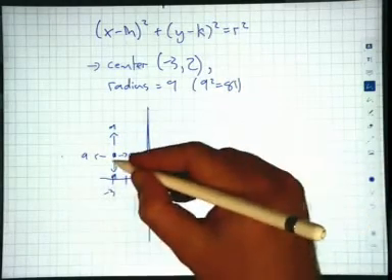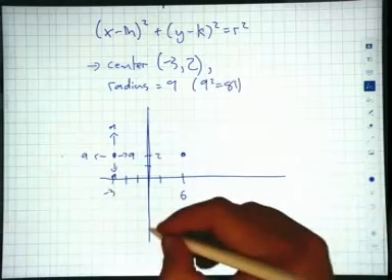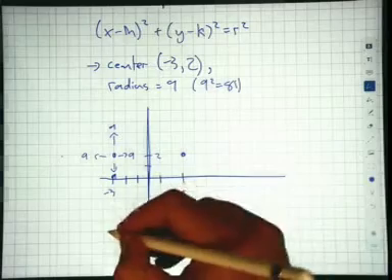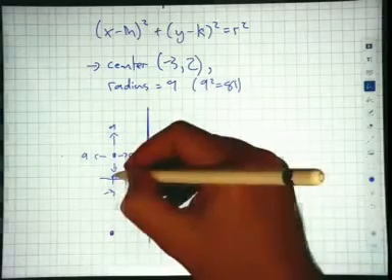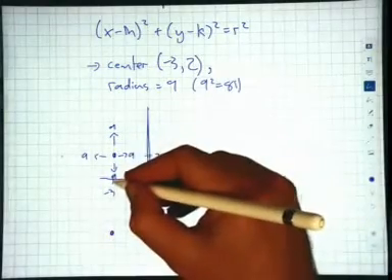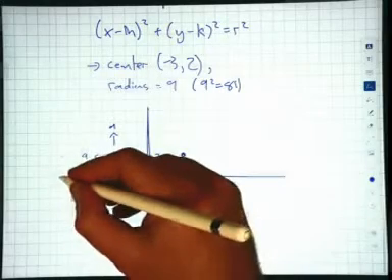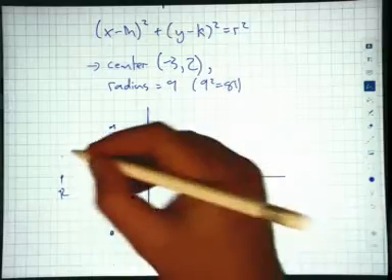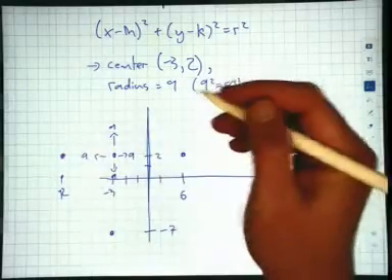If you're at 2 and you go down 9, you're going to go all the way down here to negative 7. If you're at negative 3 and you go 9 this direction, you're going to go all the way here to negative 12. So that's going to be this point right here.